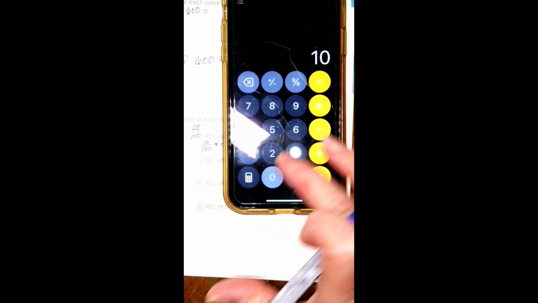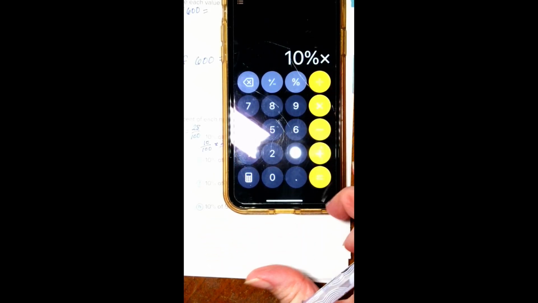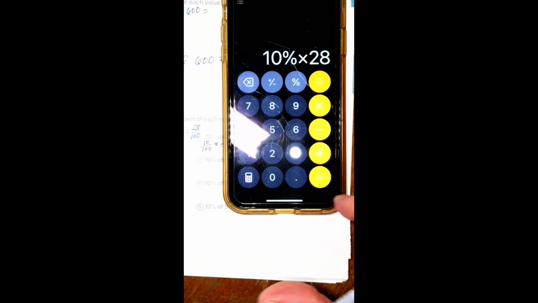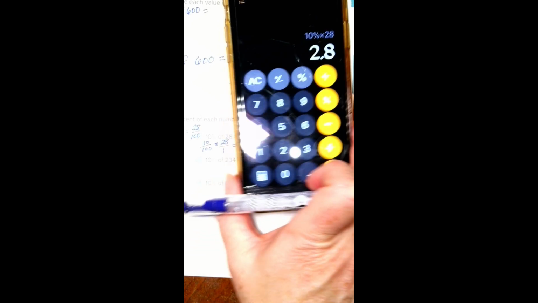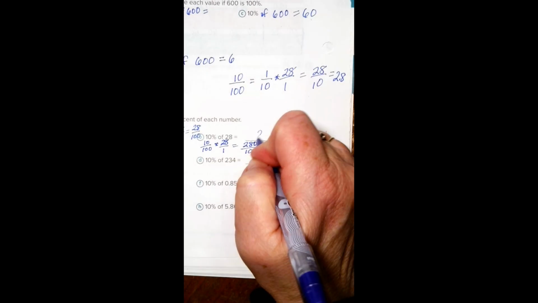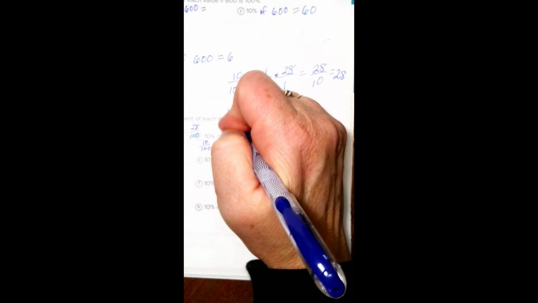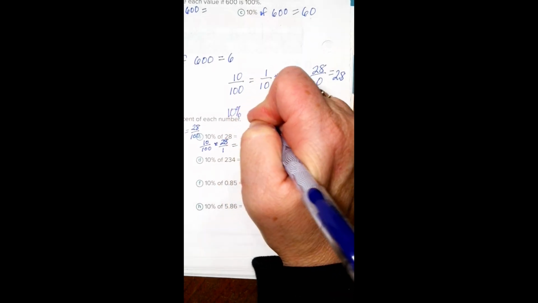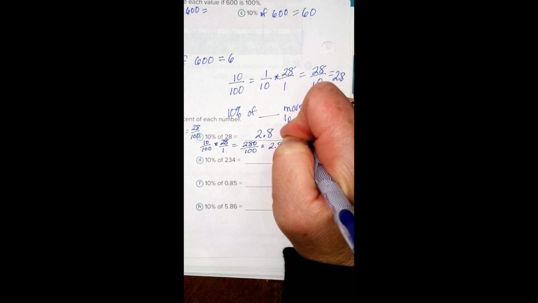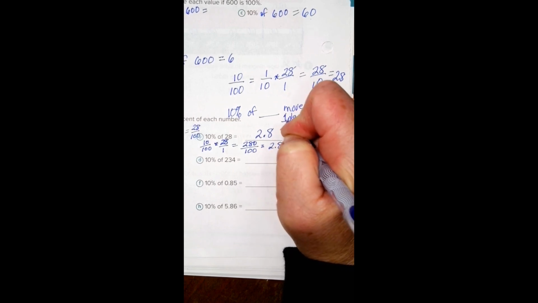So if I did 10% of 28, I get 2.8. So when you're doing 10% of something, you're moving the decimal 1 place to the left. So 10% of a number, you're going to move the decimal 1 place left.